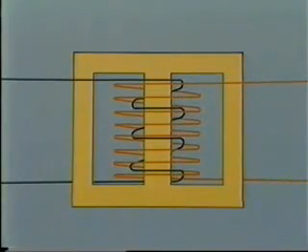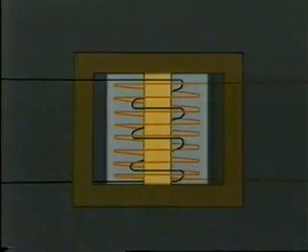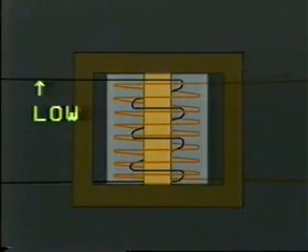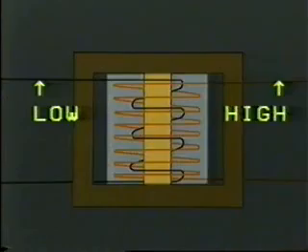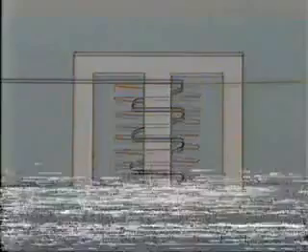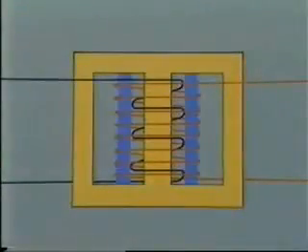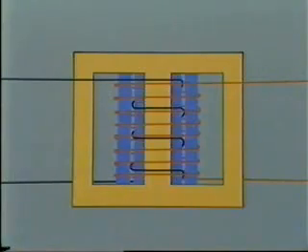The coils are arranged concentrically about the core, with the low voltage winding set inside the high voltage winding. The windings themselves are insulated from each other and from the core by impregnated paper insulation. The entire core and coil assembly is usually immersed in oil inside the transformer tank.